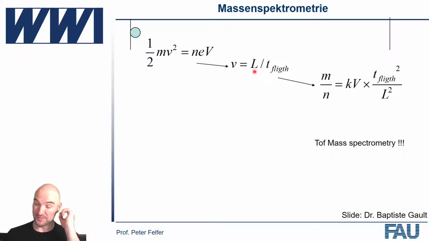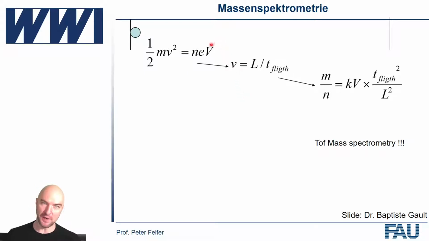But you will see later that our atoms don't fly in exact straight lines, so maybe we don't know the flight path length as well as we would like. Or when it comes to laser atom probe, the time that the atoms are actually evaporating isn't all that short either, so we might not know the flight time as precisely as we would like. So these are actually our main limitations here.